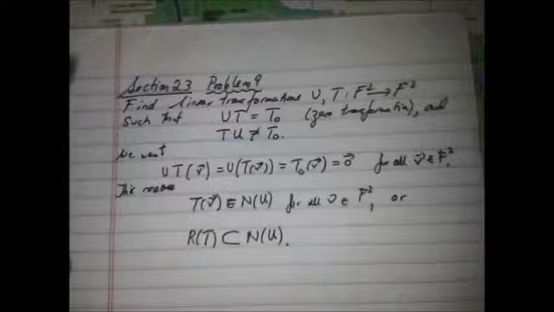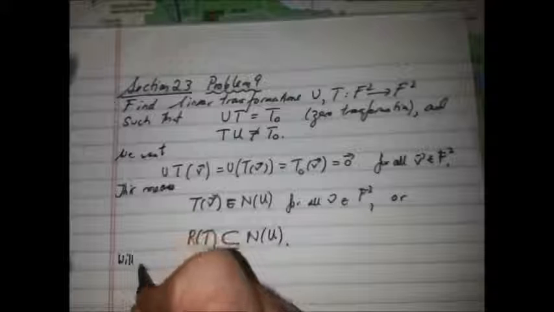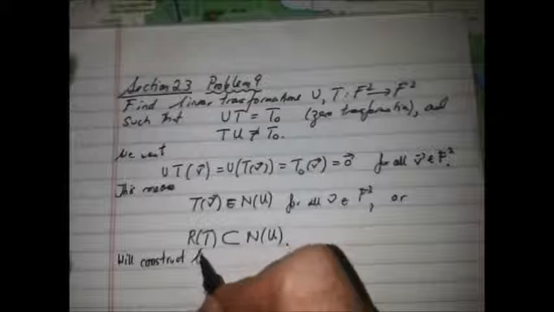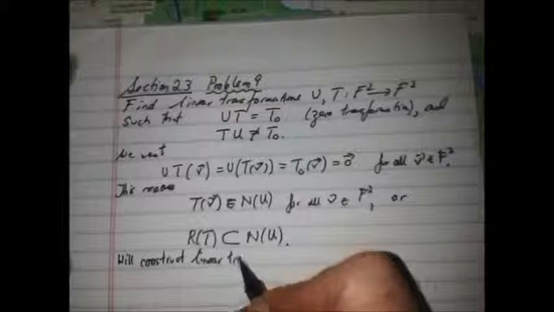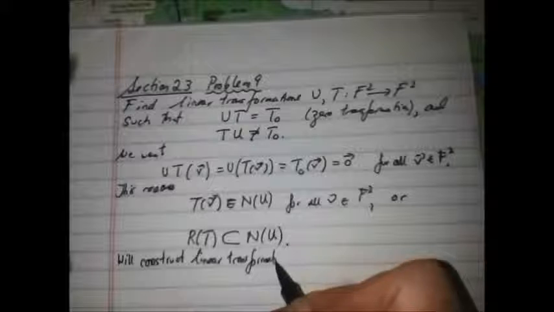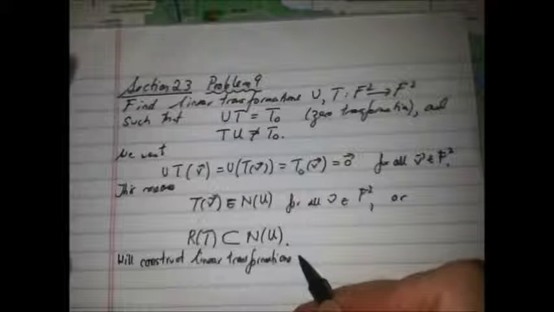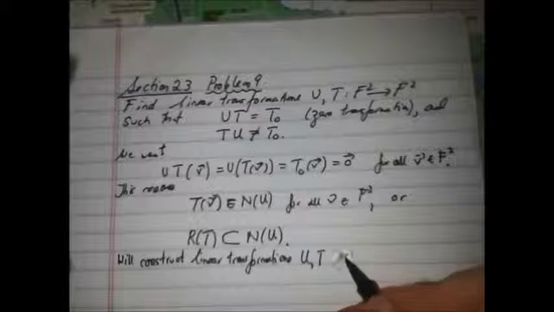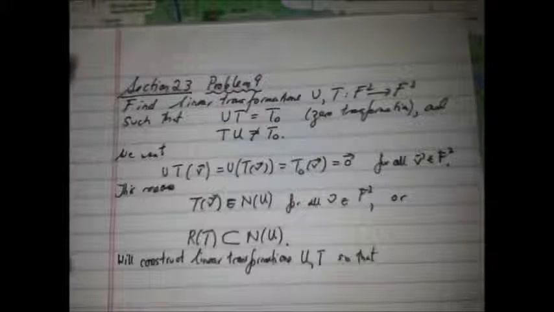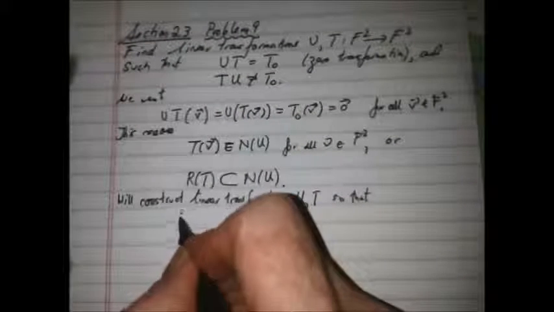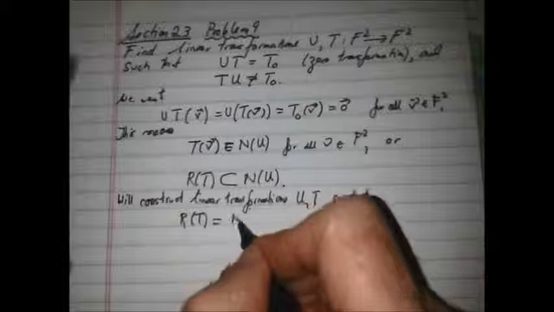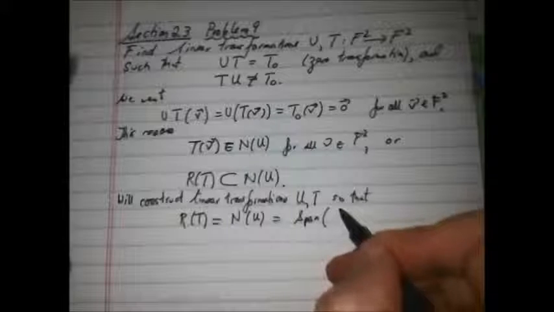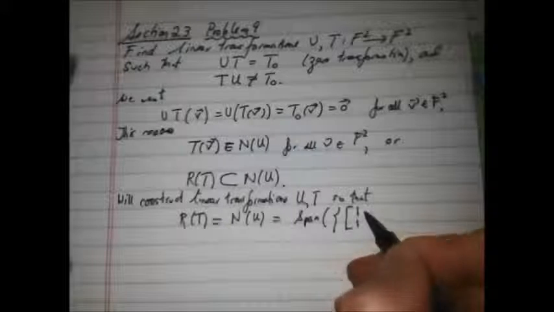Okay, so what we're going to do is construct linear transformations U and T so that the range of T equals the null space of U equals the span of, say, the vector 1, 1.